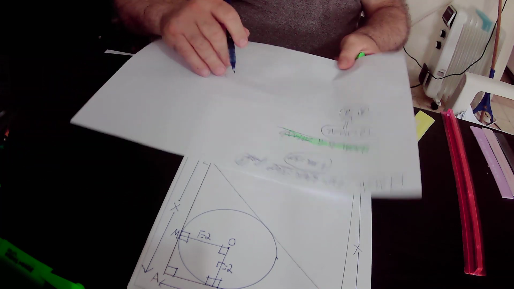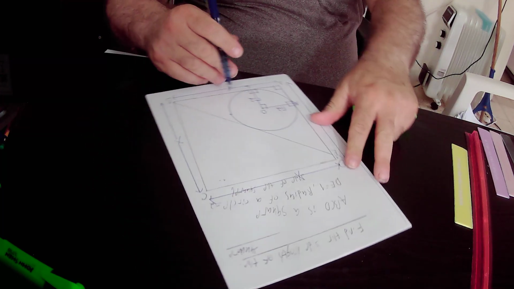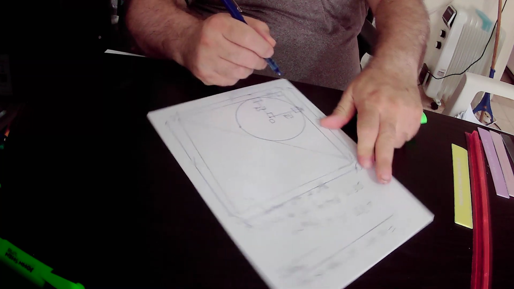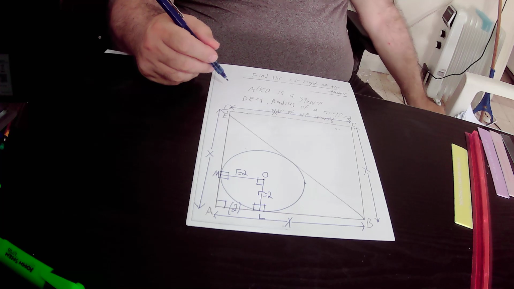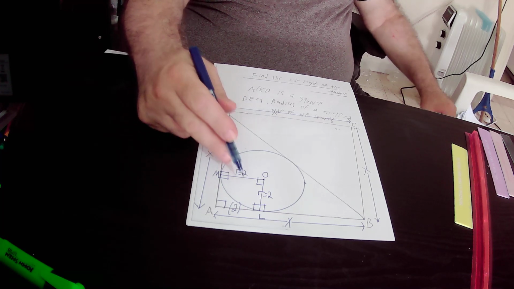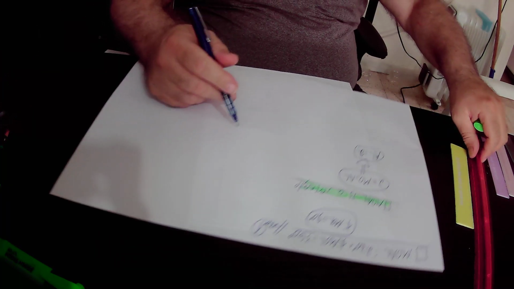So we can write here that AL equals 2 units. Likewise, according to the rule that the opposite sides of a rectangle are equal to each other, we get that MA equals OL.